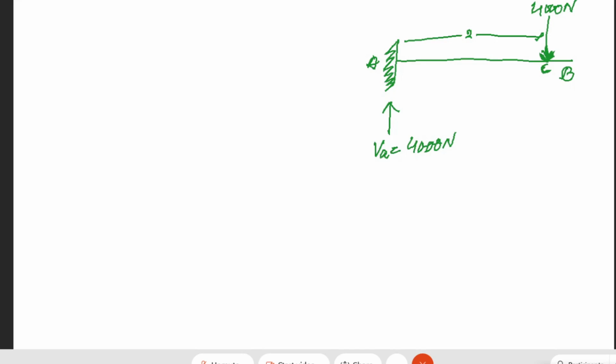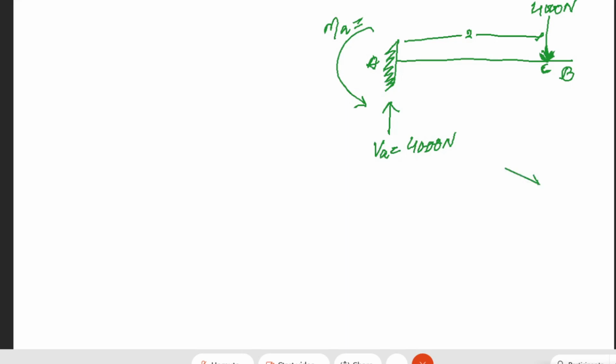Now, if you want to calculate the moment, let's say this is the moment MA at point A, how much should the moment be? Simple. At point A, due to the load, what will happen?